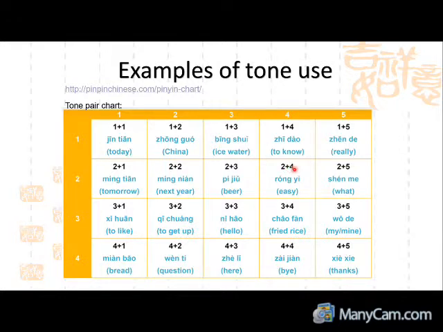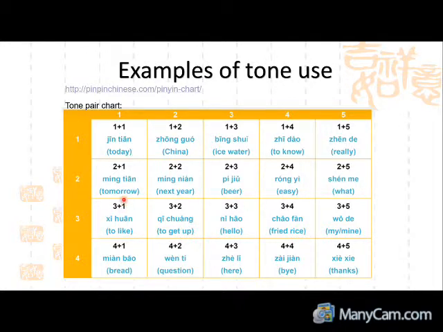Next one, 2 plus 4 tone, so tone 2 and tone 4, like as in easy. The Chinese word for easy is 容易. Tone 2 plus 5, so tone 2 and the neutral tone can be added together for the Chinese phrase for what, which is 什么.